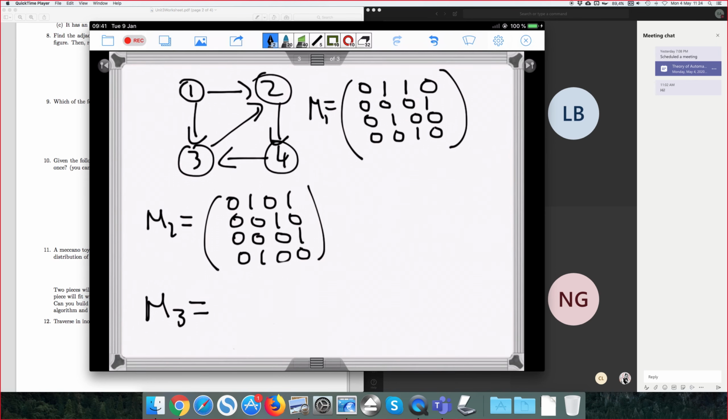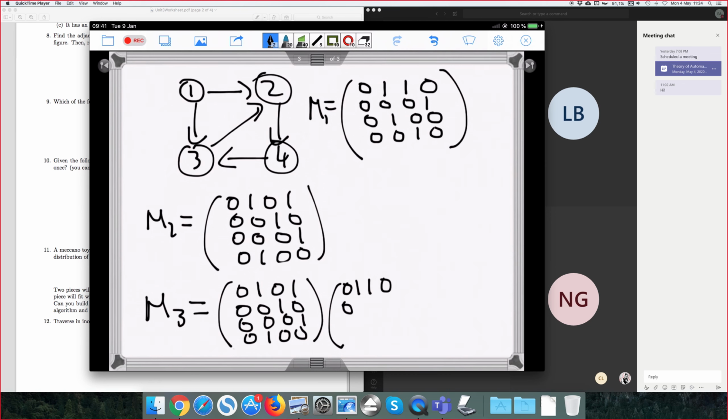So, well, since I have this here, oh, I shouldn't have erased it. Okay. So, since I have this here, I will copy it and then times M1: 0, 0, 1, 0, 1, 0, 0, 0, 0, 1, 0. Okay, and I compute the multiplication exactly as in the previous case.